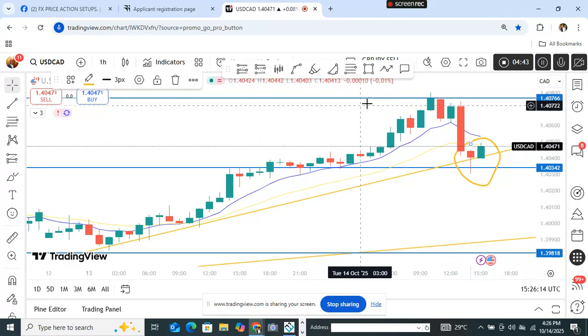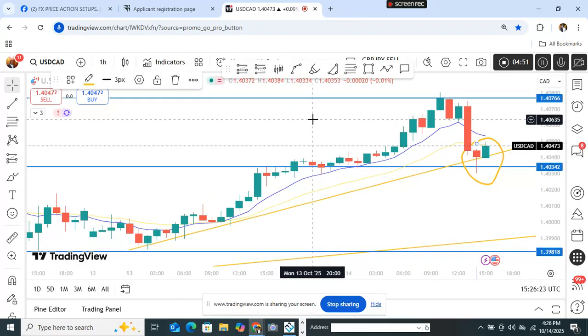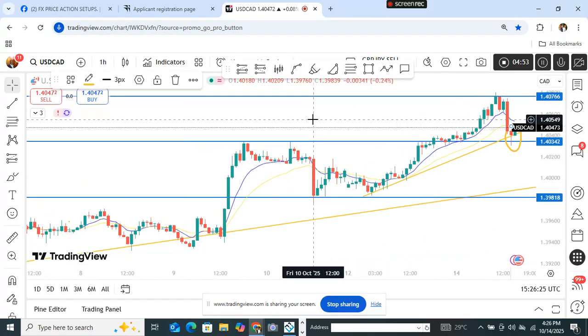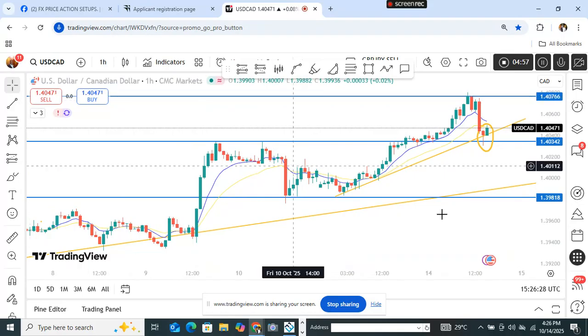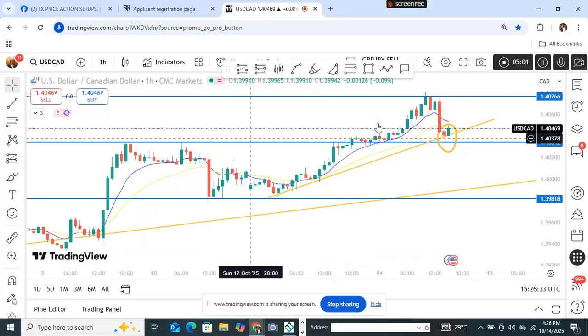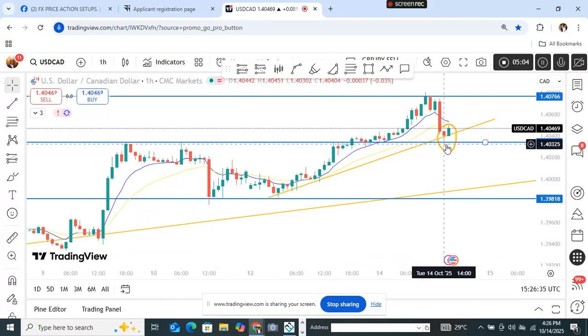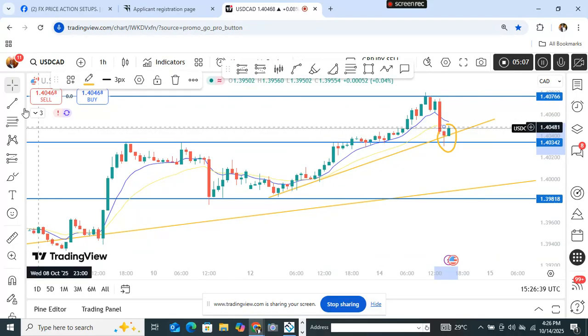We'll be seeing the market trading back up to 1.40757, and a break above this level can give us more view of where the market is going. So very interesting, we're seeing this movement materializing. We'll just wait to see, but this is a good entry for the market.